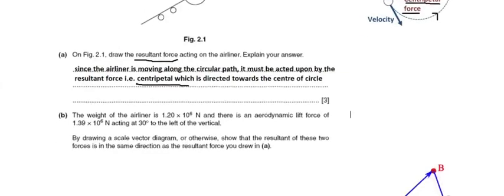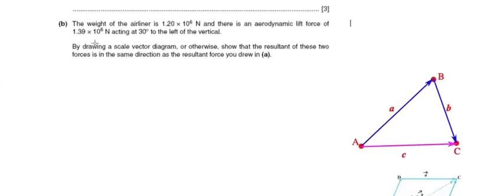Now the part B of the question. The weight of the airliner is 1.2 × 10^6 Newton, and there is the aerodynamic lift force of 1.39 × 10^6 Newton acting at 30 degrees to the left of the vertical.